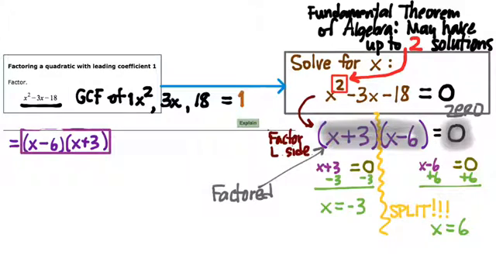It allows us to split. And the reason that works is that in the real number system, it's not possible to multiply two numbers and get a product of 0 unless one of them is 0. Blank times blank is equal to 0. The only way to fill in numbers into those blanks is for one of those numbers to be 0 itself. There's no way to multiply together two things which are not 0 and get an answer of 0.